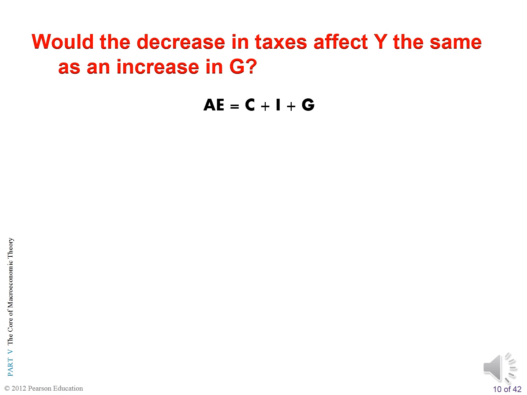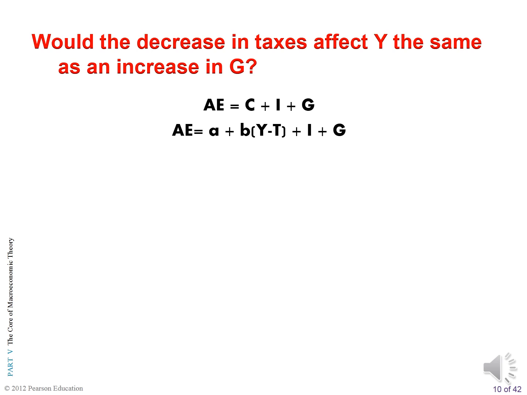Taxes enter the picture through the effect of consumption. صح؟ ما هو الكونسامشن ده A plus B disposable income اللي هو Y minus T. خدت بالك بقى؟ طيب if T decreases احنا عايز نزود Y. If T decreases by $1 ده هيزود الاجريجيت اكسبنديتشر by $1؟ لا ده هيزود الاجريجيت اكسبنديتشر by B في $1، يعني by the marginal propensity to consume اللي هي اقل من 1. مظبوط؟ يبقى اي زيادة في T ب$1 هتزود الاجريجيت اكسبنديتشر ب$1 times marginal propensity to consume.